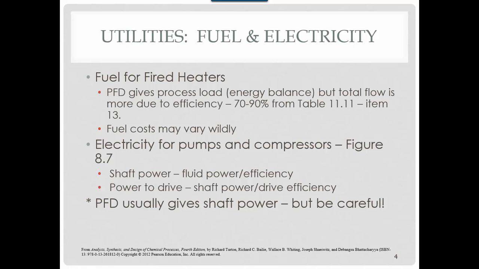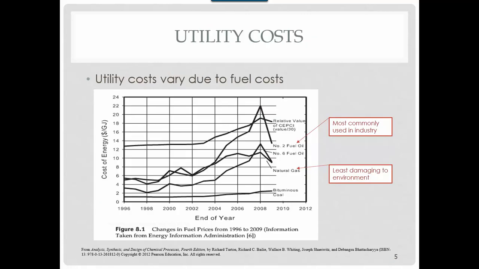And the power to the drive is the shaft power divided by the drive efficiency. The process flow diagram typically gives shaft power, but make sure that you know before you start doing calculations or you'll end up with mistakes.